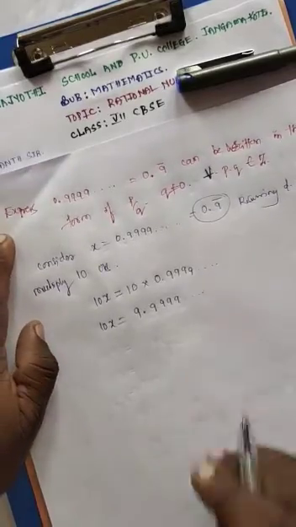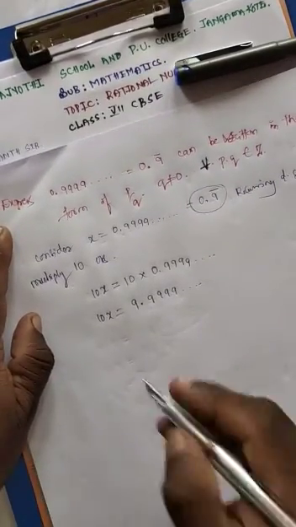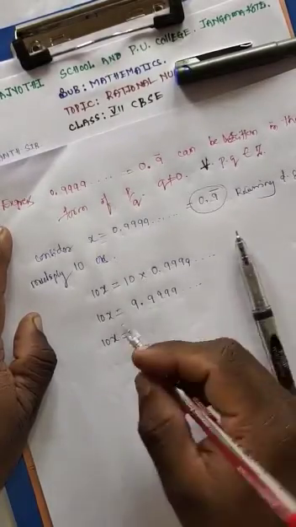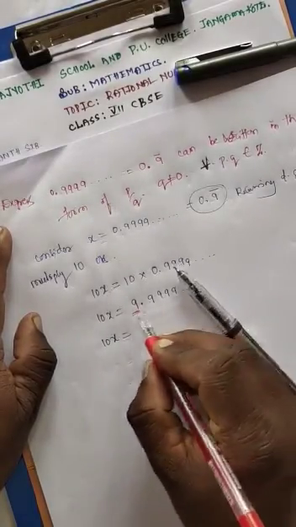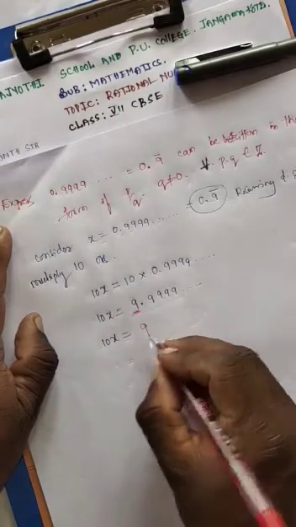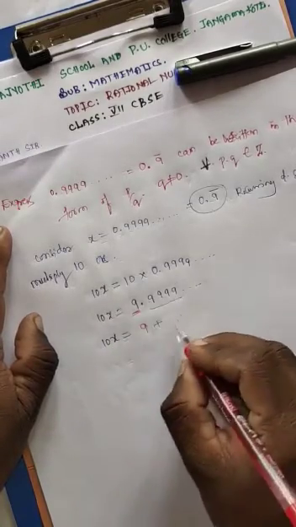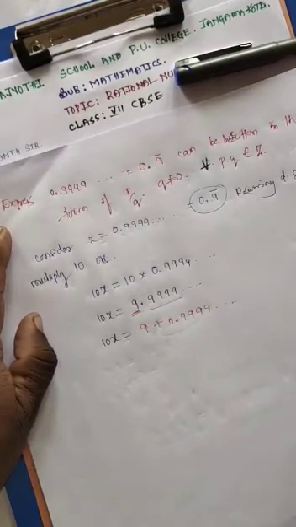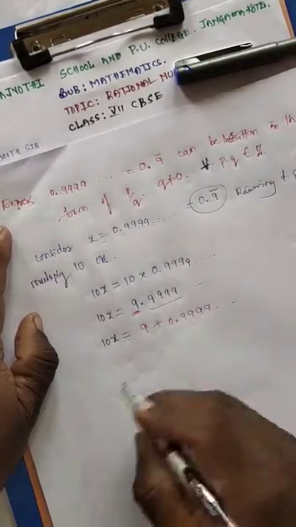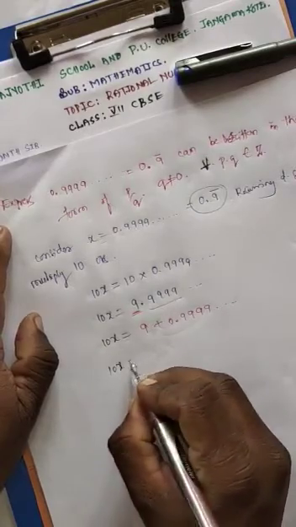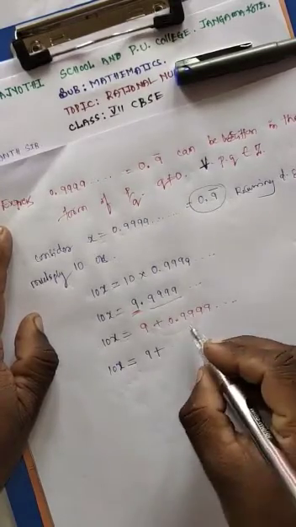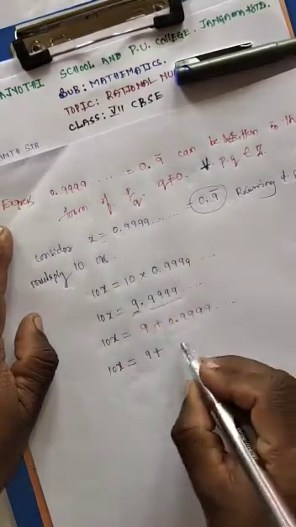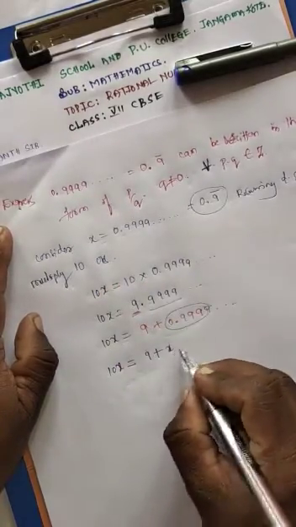So we can split into integer part and decimal part. So the integer part is 9 plus the decimal part 0.999 etc. So 10x is equal to 9 plus x, instead of 0.9 we can write x.